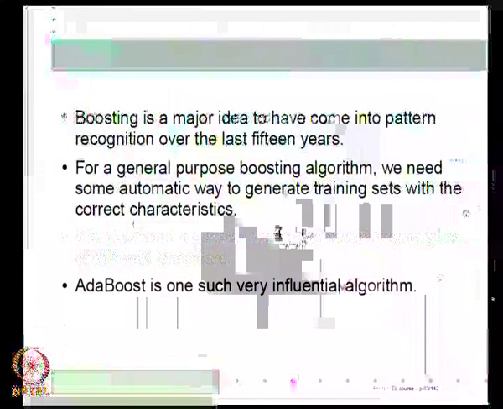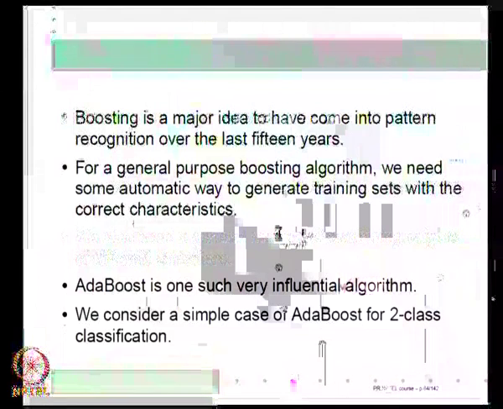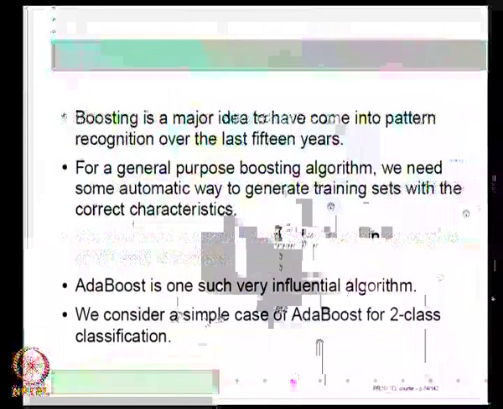Of course, AdaBoost can be used for classification, regression. There are different variations of AdaBoost. This is a first level course, so to say, and given that we are almost at the end of the course, we will consider only one simple case of AdaBoost, that is for two class classification, but it gives you the full idea of how that kind of general purpose boosting is done.